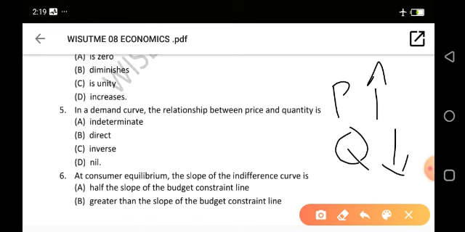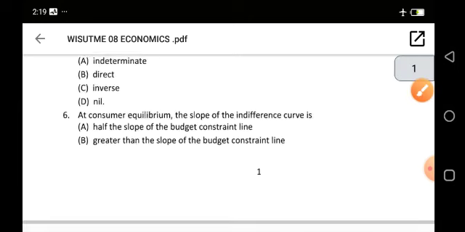As one is increasing, the other is reducing, based on the law of demand, which states the higher the price, the lower the quantity demanded, and the lower the price, the higher the quantity demanded. So with this knowledge of your law of demand, the answer to the question is C. That will take us to question 6.